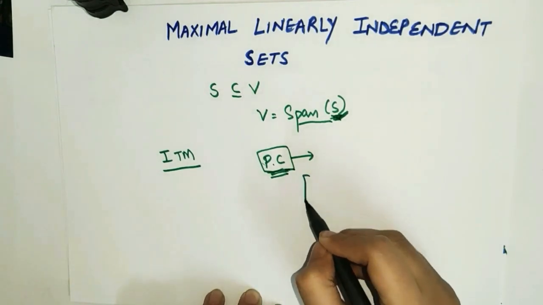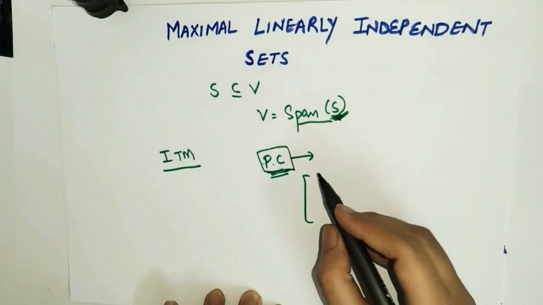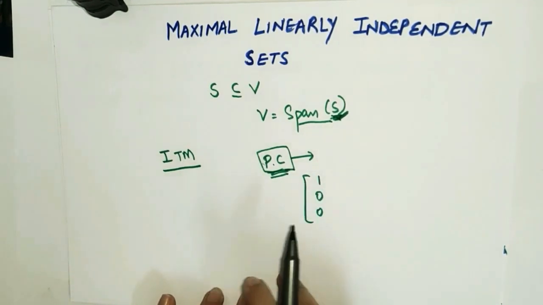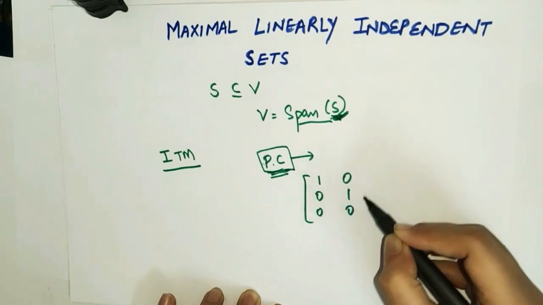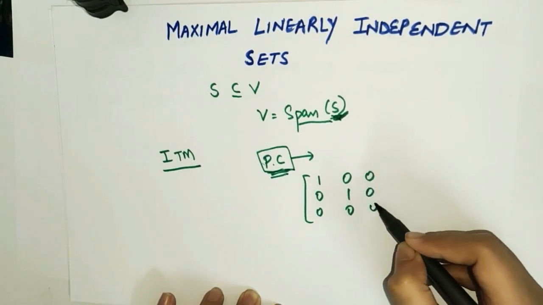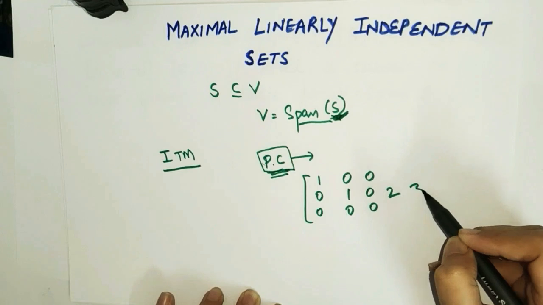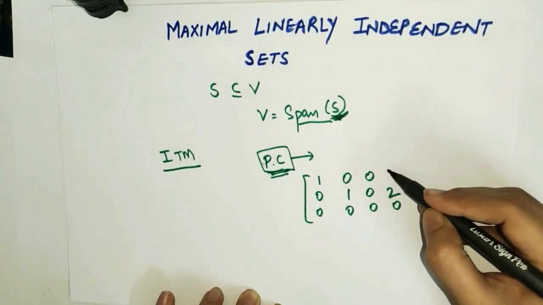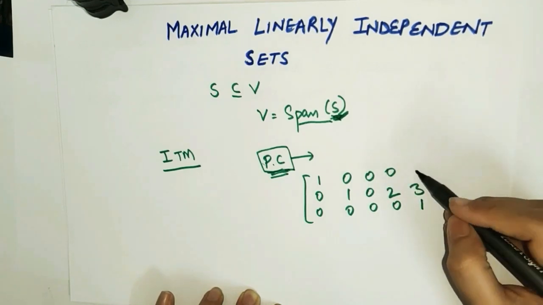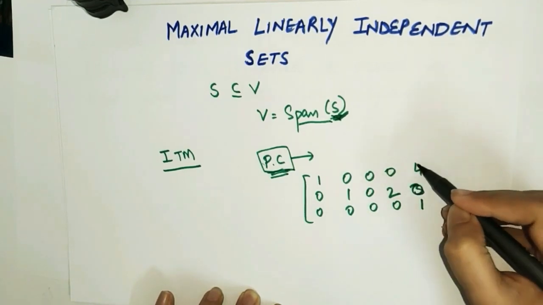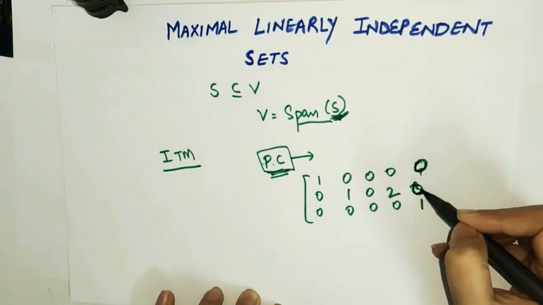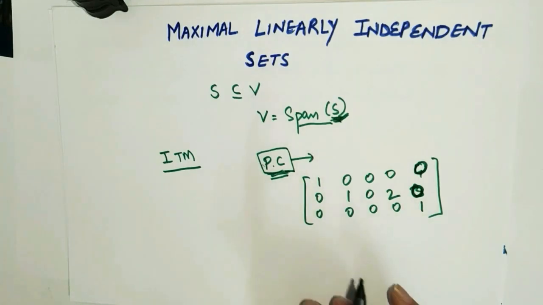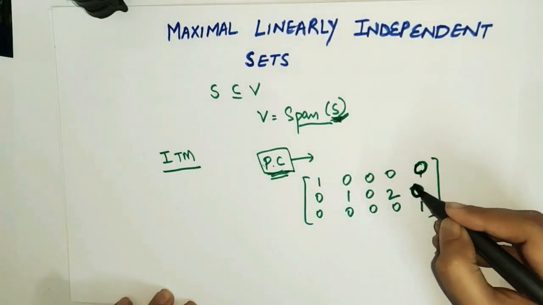For example, suppose this is just a hypothetical example. Suppose I am writing down the RREF directly: 0 1 0, then 0 0 0, and 2 3, and here 0 1 0 and 4, sorry, 0 0, and I have something like this. Suppose this is the RREF of some system.